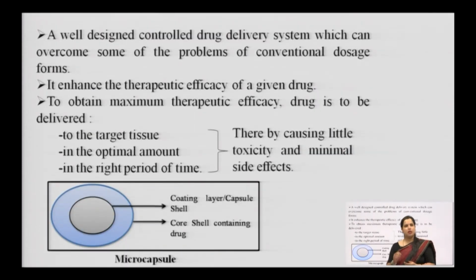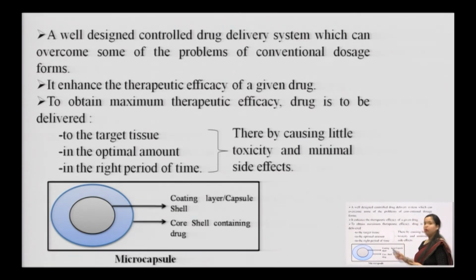It is a well designed controlled drug delivery system which can overcome some of the problems of conventional dosage forms. Why do we opt for these novel drug delivery systems? Because they have several advantages over conventional dosage forms. We will discuss them later in detail. It enhances the therapeutic effects of a drug candidate. To obtain maximum therapeutic efficacy, the drug is to be delivered through any route of administration to target the tissue in the optimal amount at the right period of time.